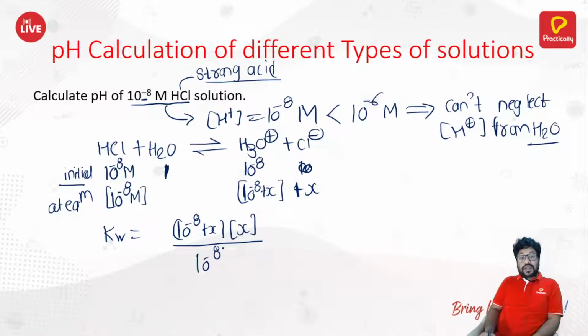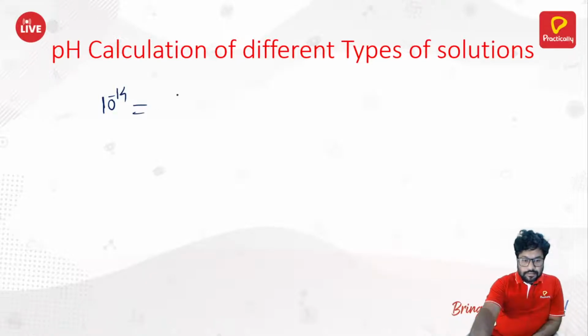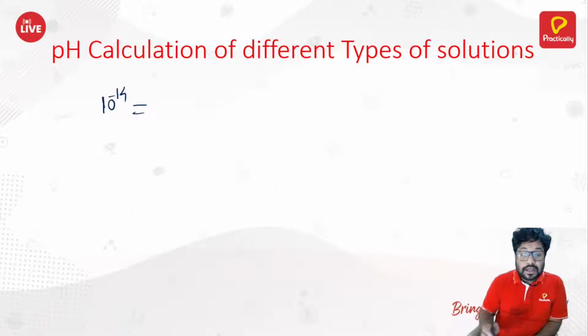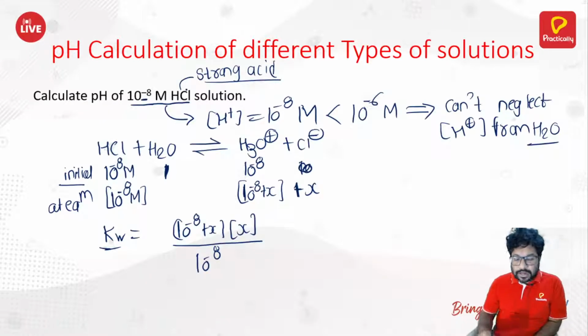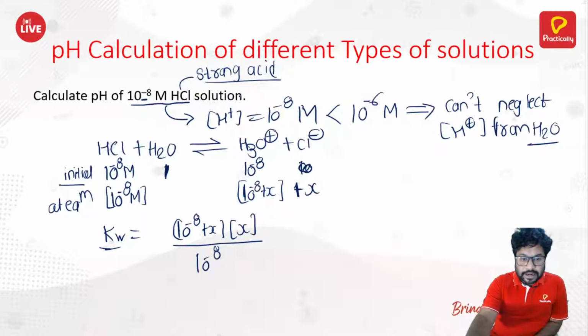How much is your Kw? Let's go to the next page. Kw is 10 raised to minus 14, isn't it? Now we got 10 raised to minus 8 plus X into X divided by 10 raised to minus 8.